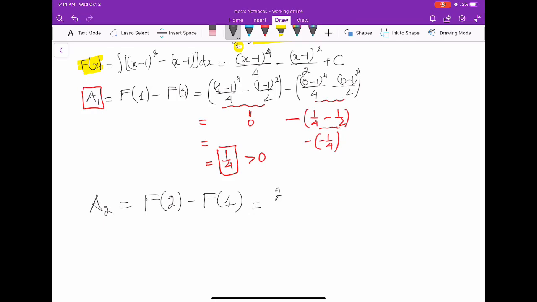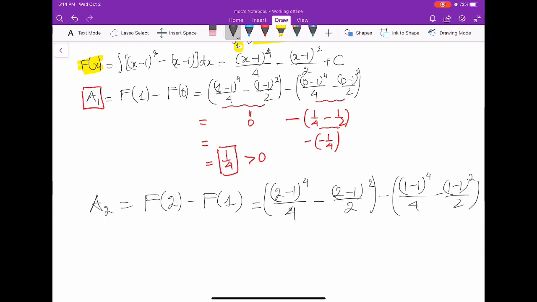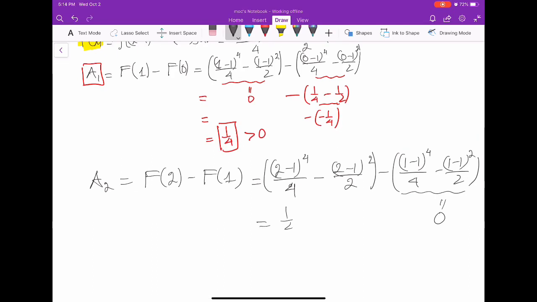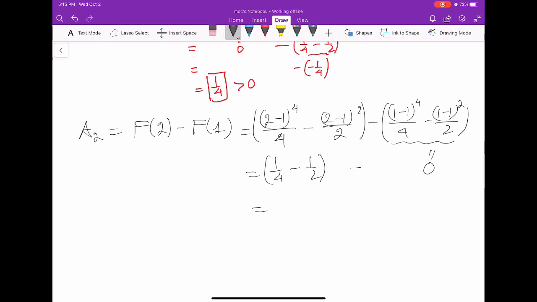So I have (2 minus 1) to the 4th over 4 minus (2 minus 1) squared over 2, and then minus [(1 minus 1) to the 4th over 4 minus (1 minus 1) squared over 2]. So this guy is 0. This guy is equal to 1/4 minus 1/2, minus 0, which is negative 1/4.